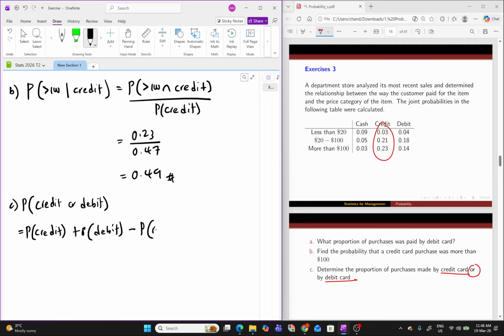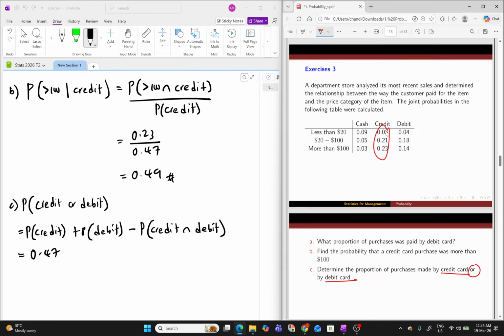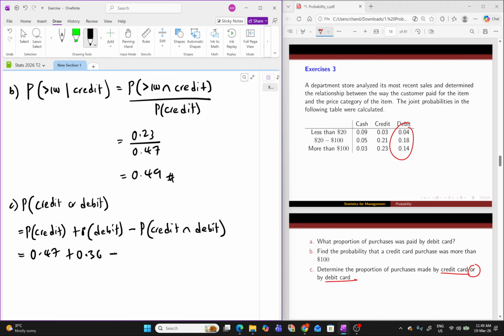Use the formula. Probability of credit card is 0.47, plus probability of debit card, minus credit intersect with debit.